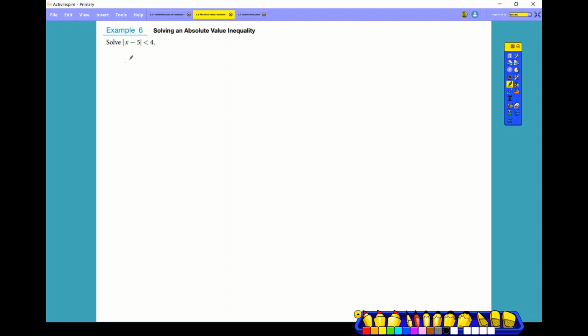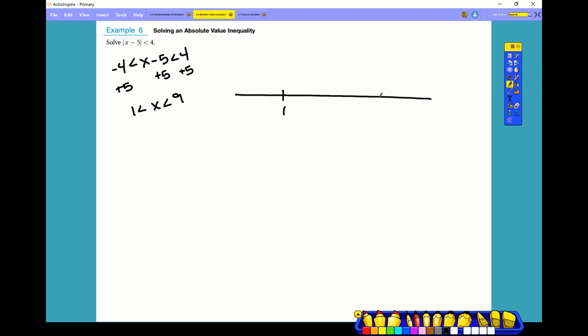Now we're going to try this one. So remember, okay, so that gives us 1, x, and there you go, 9. So x is less than 9 but greater than 1. I'm going to make my interval.